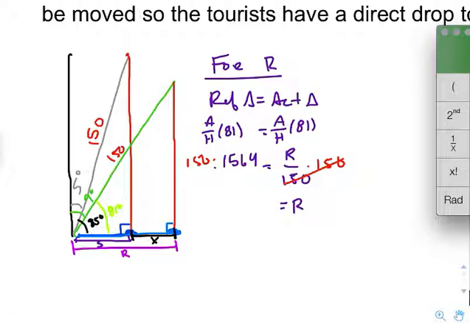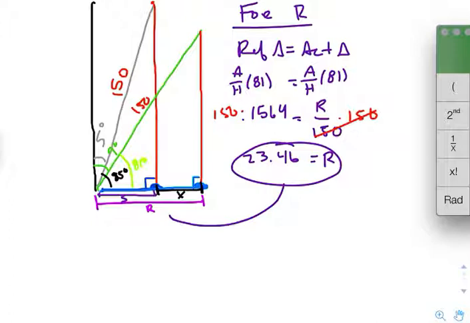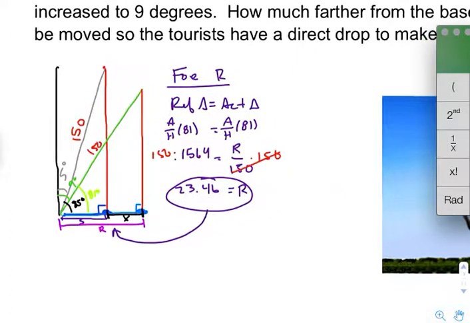All right, so R in this case is equal to 23.46. Okay, so if you think about the context of the problem, 23.46 is R, which means it's the entire distance. So at a 9-degree tilt, this well should be 23.46 from the inward base of the tower.